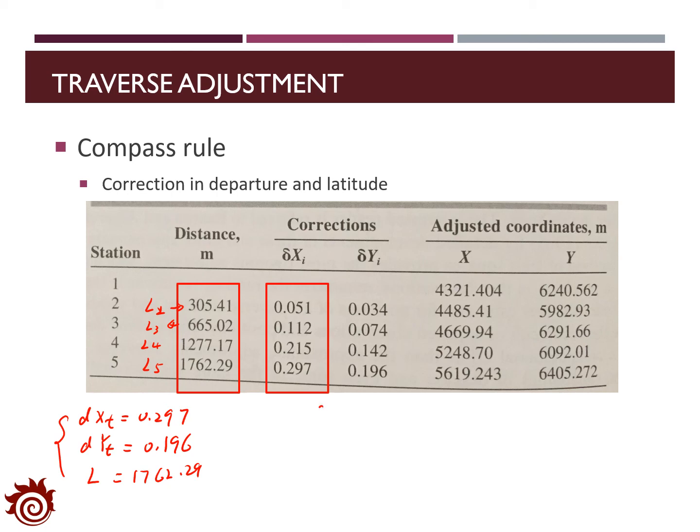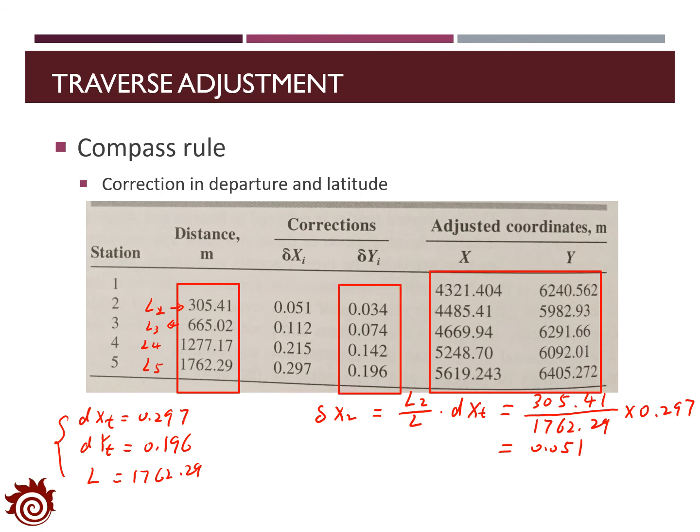So for delta x2, it actually equals L2 over L times dxt, which is 305.41 meters over the total distance as 1762.29 times dxt as 0.297, which will give you the value as 0.051. You can apply the same equation to find out all the other values.